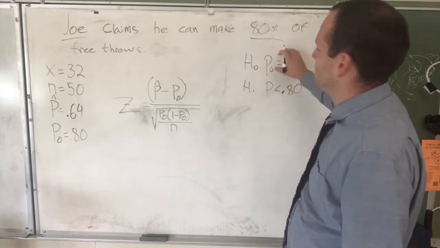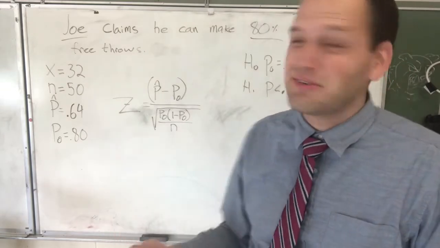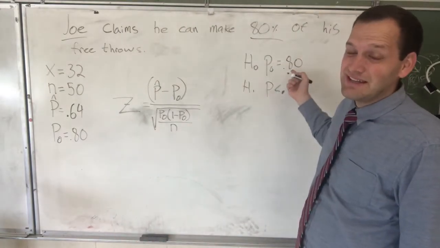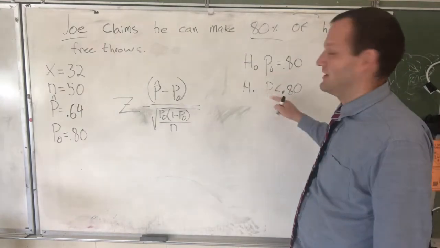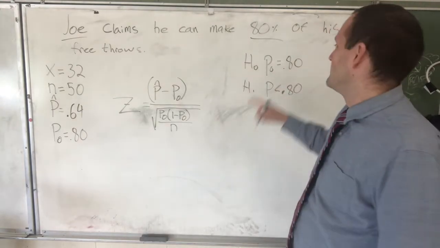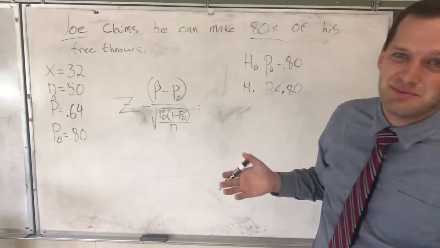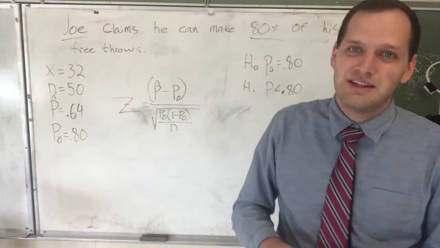Okay. Notice we don't have anything greater than. We don't really care about greater than. You could say that his claim included anything greater than, because we're trying to prove that it's less. So we could say that it's greater than or equal to, but he technically just said it was equal to. So and we're just trying to prove that it's less. That's all that we're trying to do.